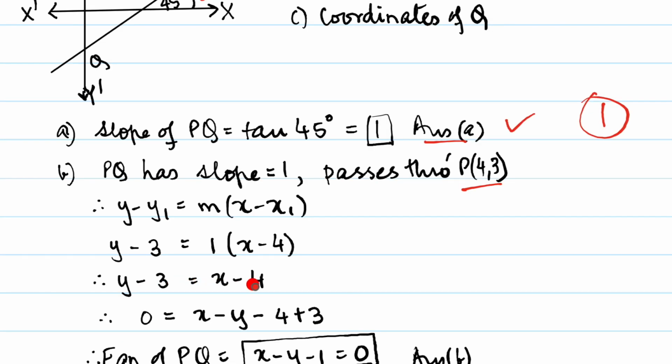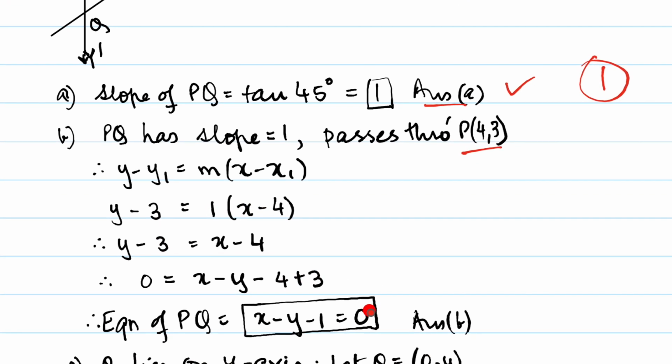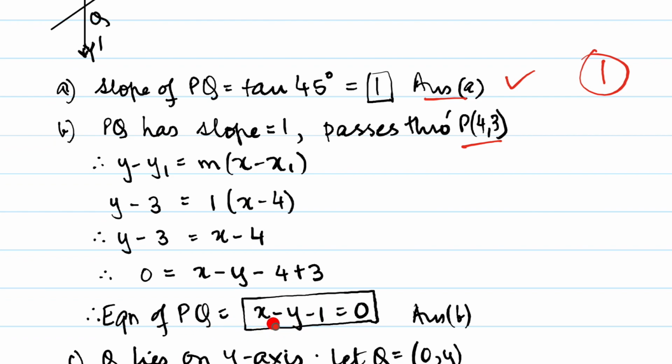So when you open the bracket, you'll get this. Take everything one side. So x should be positive. Okay. y will be minus y here, minus 4 here, this minus 3 goes that side, it becomes plus, and then we have equation of PQ is x minus y, and here we get minus 1, that's equal to 0, and that will be our second mark.